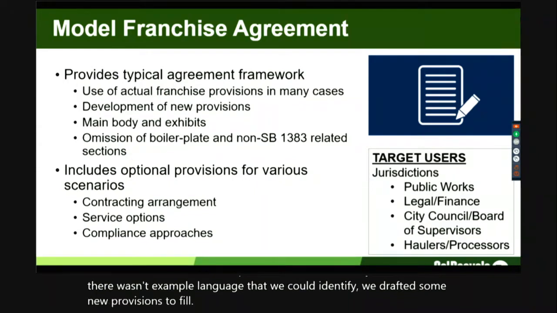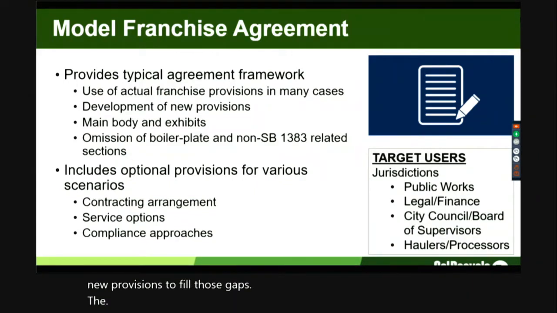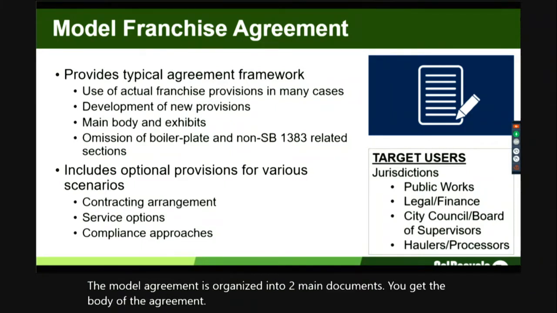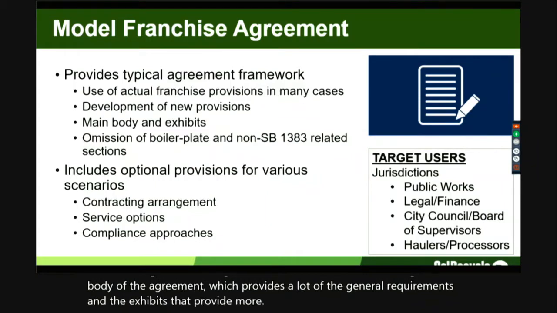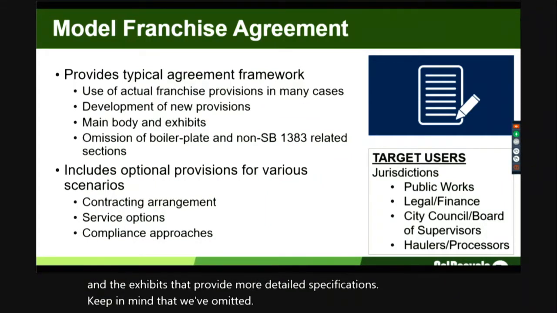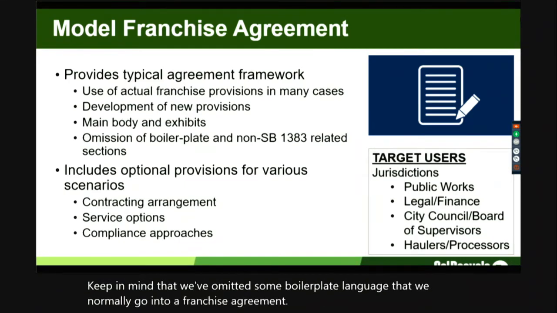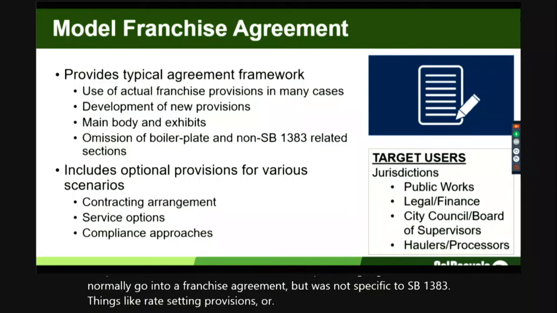The model agreement is organized into two main documents. You've got the body of the agreement, which provides a lot of the general requirements, and the exhibits that provide more detailed specifications. Keep in mind that we've omitted some boilerplate language that would normally go into a franchise agreement, but was not specific to SB 1383, things like rate setting provisions or performance standards.